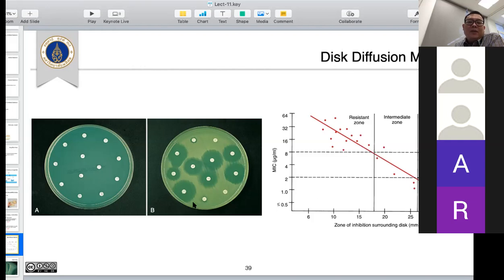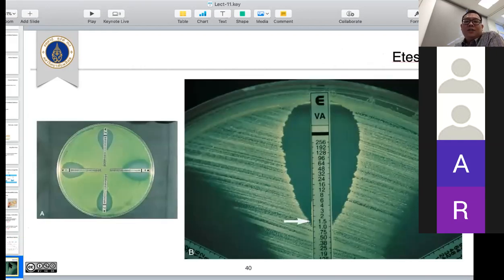The bigger size of clear zone indicates susceptible. In between, we refer to intermediate. Just to know the technique, the interpretation is the job of the doctor.